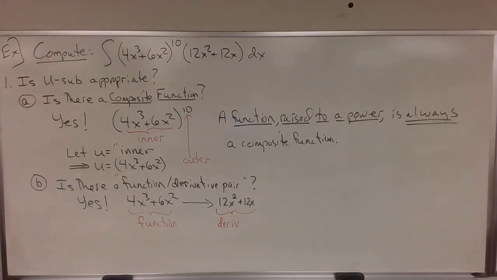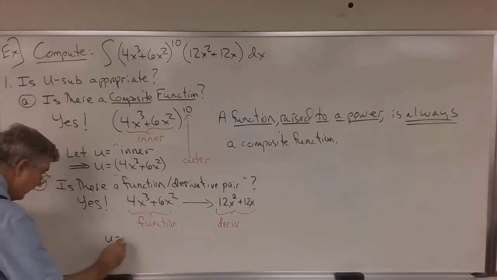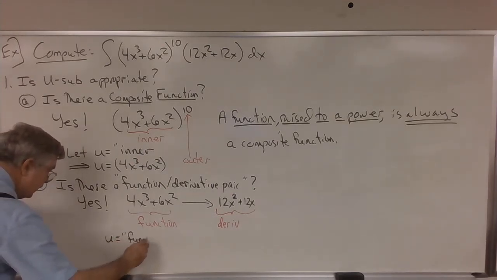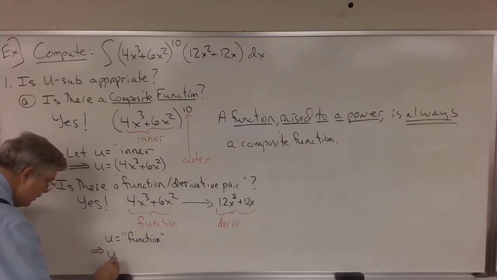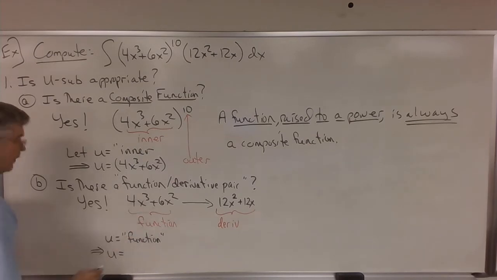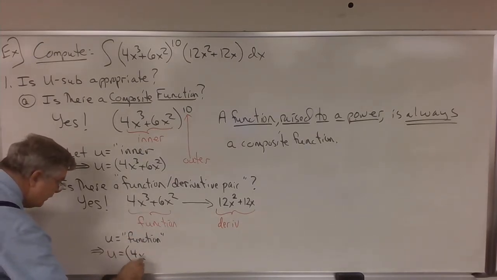Now, what was our criterion for selecting u in part B? We let u be the function of the function derivative pair, right?